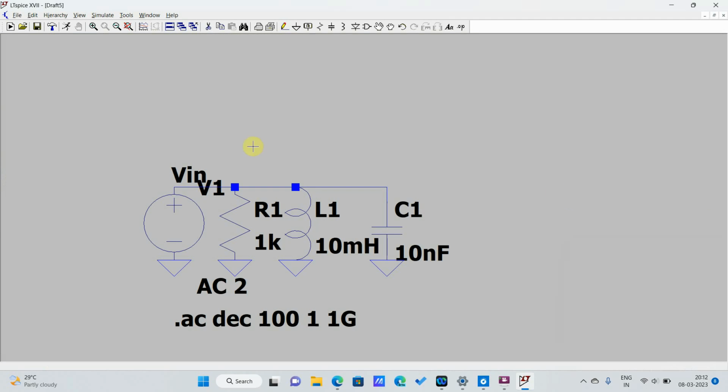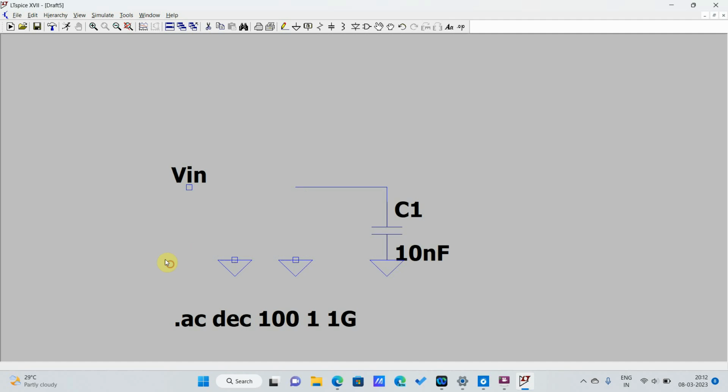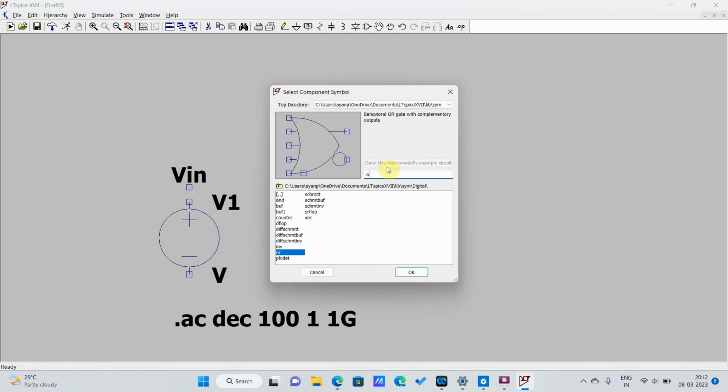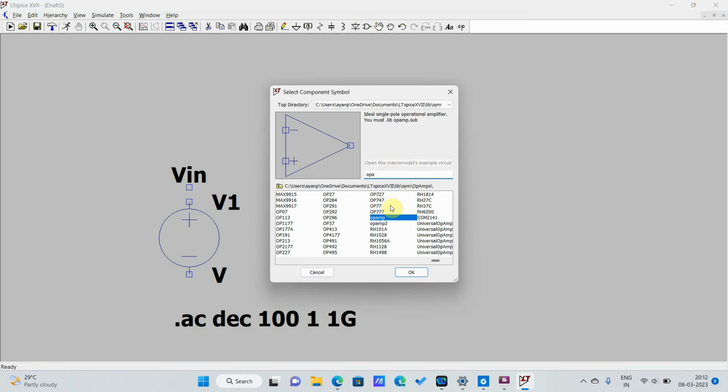Now we'll study an inverting amplifier. Let's take an op-amp. It is 747.